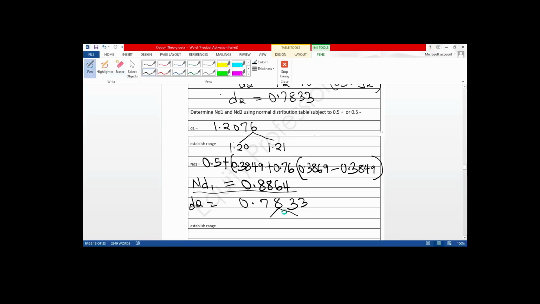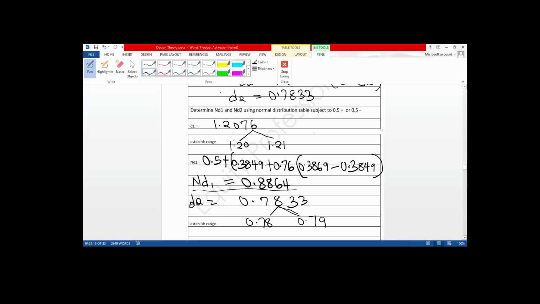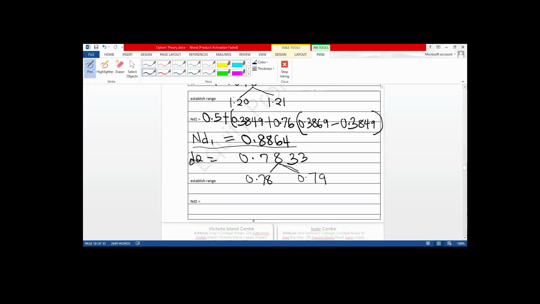This number is between 0.78 and 0.79. This number is in between this range. Your N(D2). Look at your D2, positive 0.7833. You are going to start with 0.5 plus.